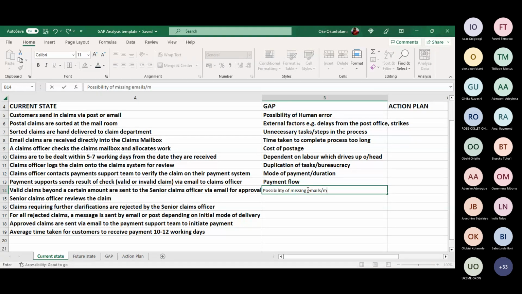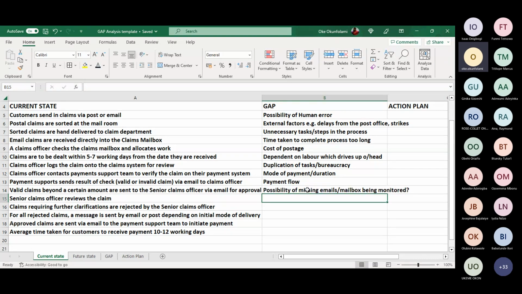Can I also say that the risk management involved in all of this might be a gap as well? Okay, can you explain? So you said the risk management. I'm trying to say all of these postals being sent, and then the email as well, sometimes you might be exposing their details unnecessarily.